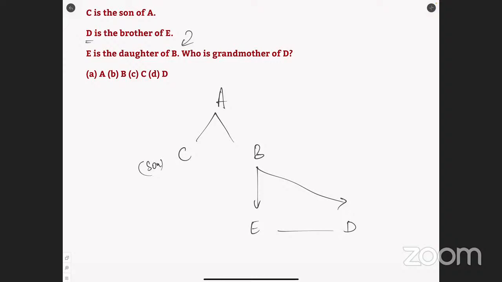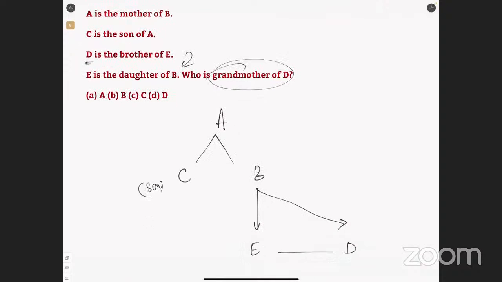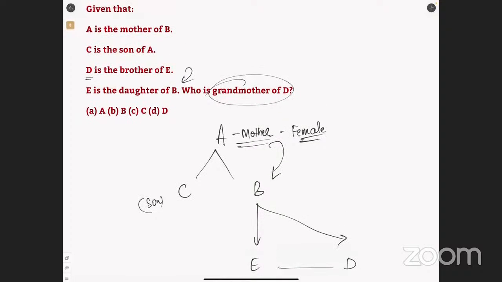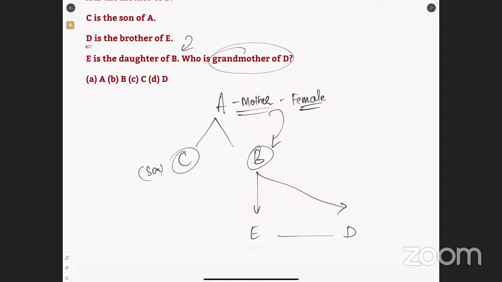Now, what is it that they have asked? Who is the grandmother of D? Since we already know A is the mother, we know the gender of A in this case. So she's female, obviously. She has one child, that is C, son. B, we do not know the gender. It could be daughter or the son.